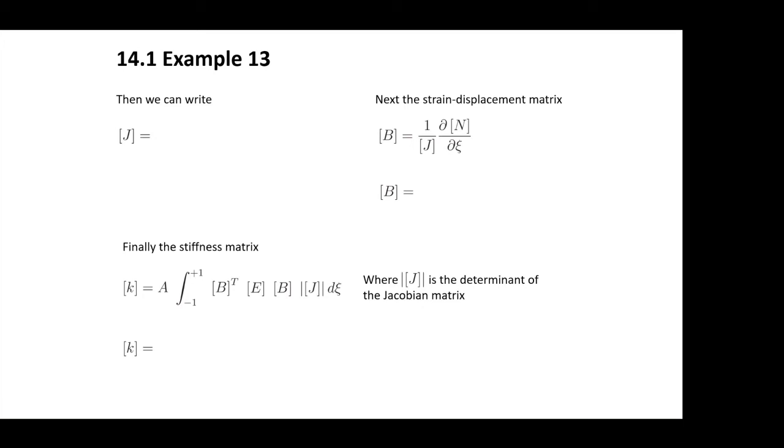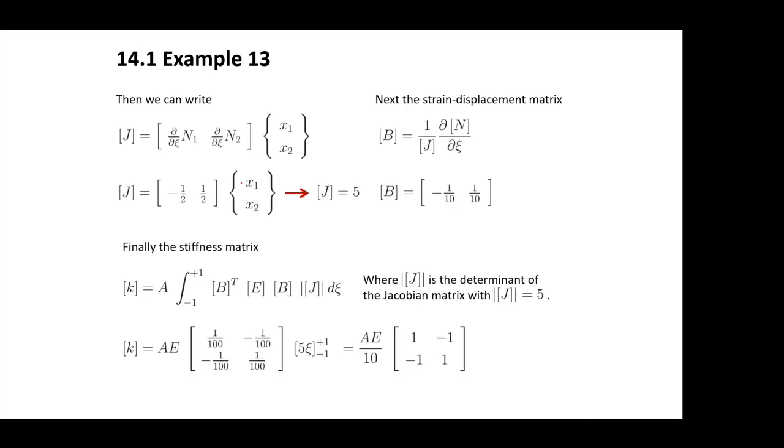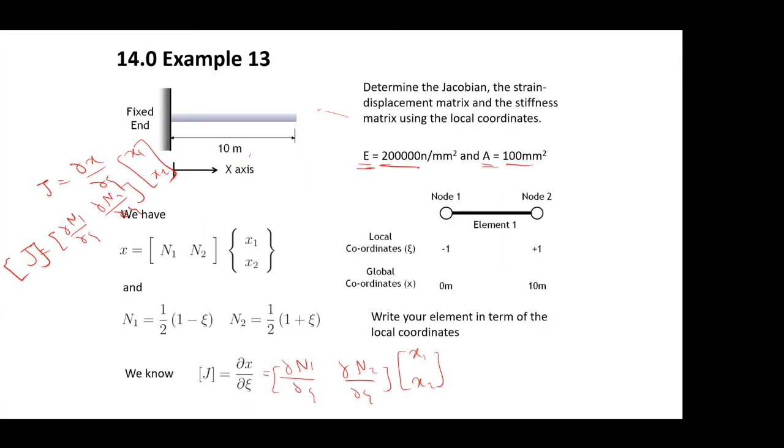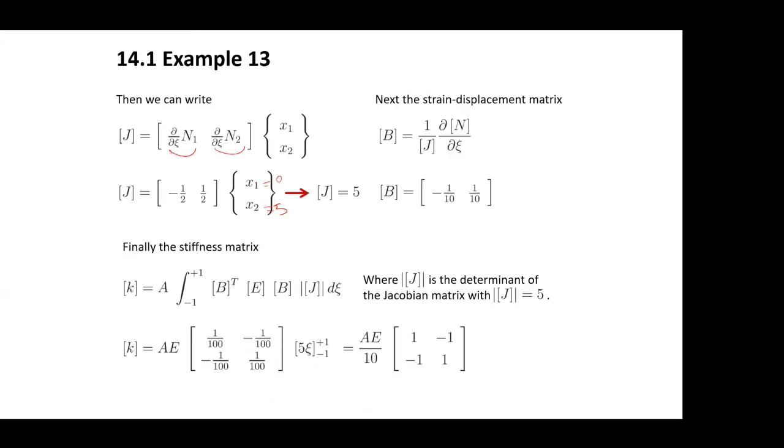If you do that, this derivative is going to be minus half, and this is half, and x1 is going to be 0, and x2 is going to be 5. So the length is 10, sorry. The length is 10, not 5. This is going to be 10.